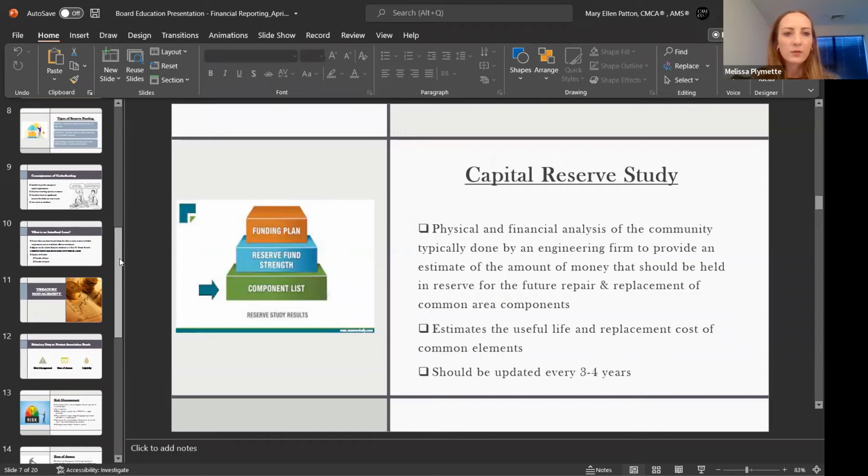And then it also gives you an estimate of how much it's going to cost to repair those items. So the rule of thumb with reserve studies is to update them every 3 to 4 years. Really, it depends on the association's needs, but that's sort of the industry standard there. Next slide.